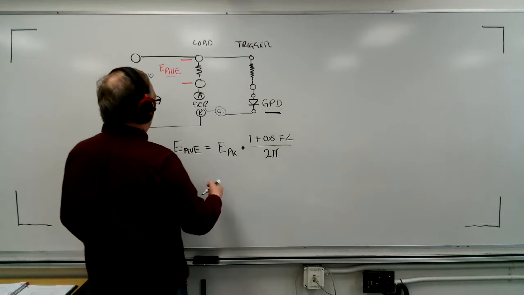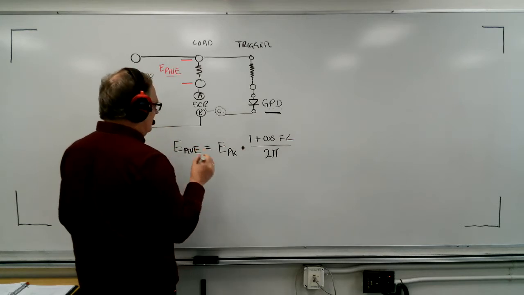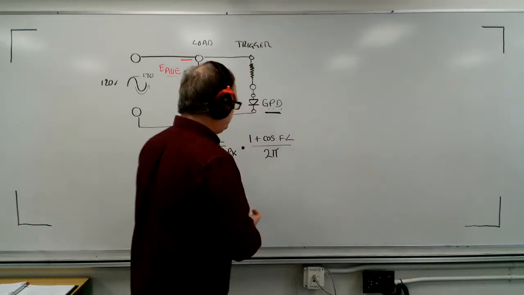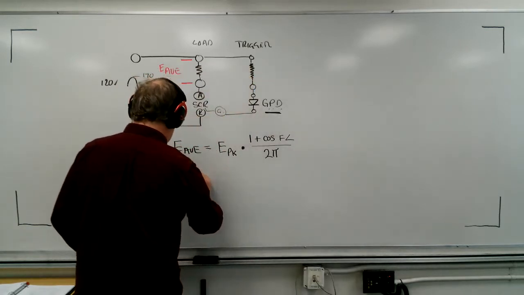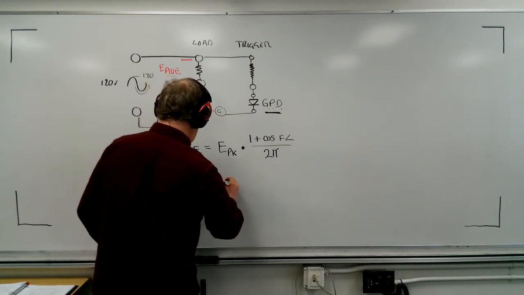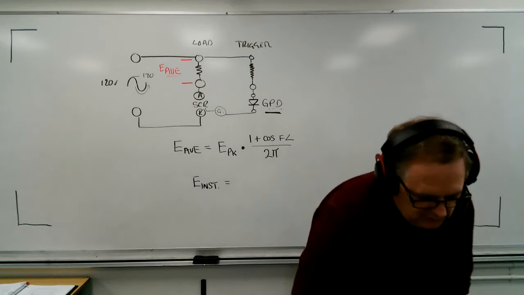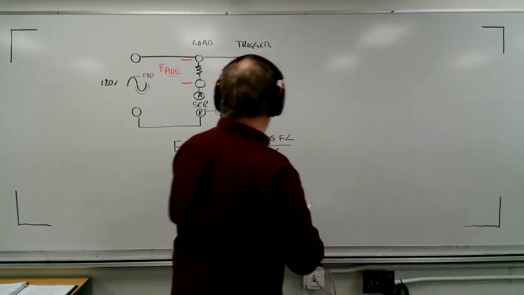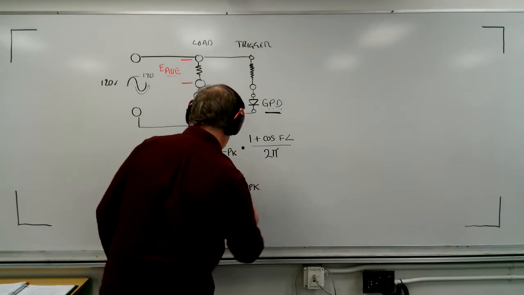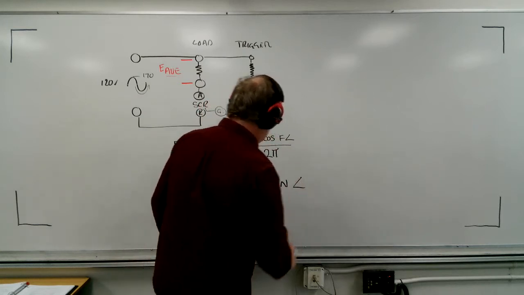The other thing that came into play was that there were times where we needed to know the instantaneous voltage in order to properly calculate firing angles. So I'm going to give you that by way of review. E instantaneous is equal to E peak times the sine of whatever angle we're talking about.